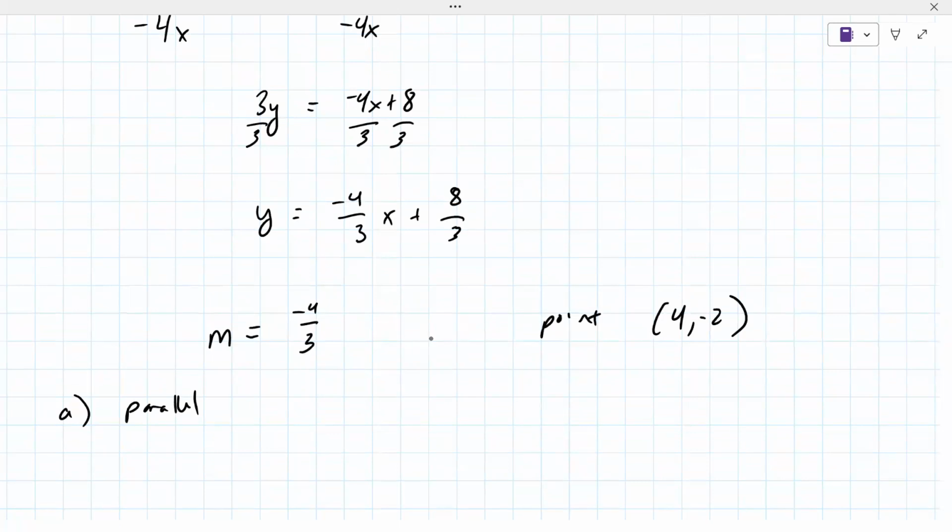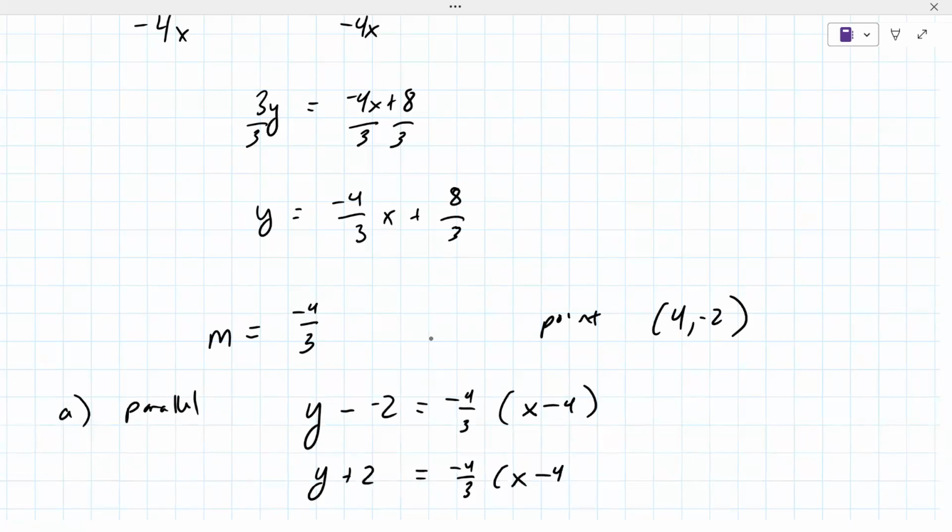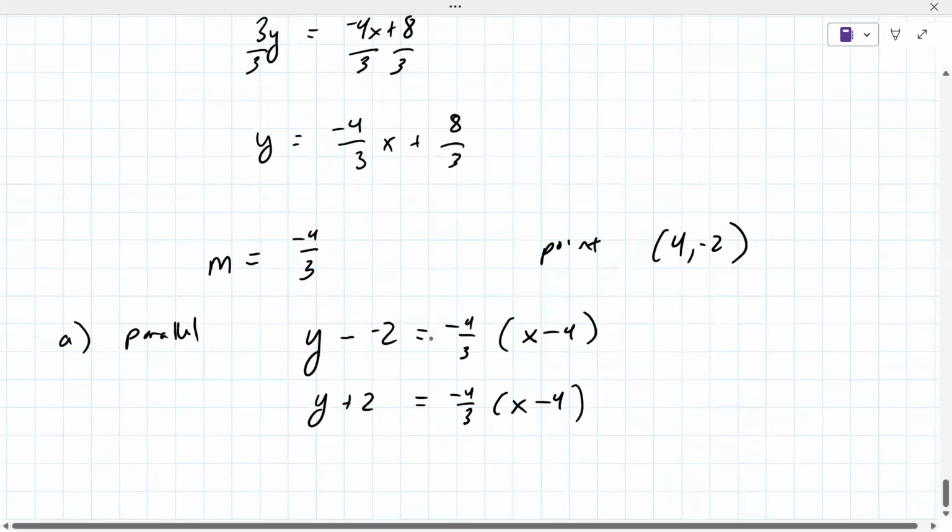Which equation of a line should you use? Point slope. So it's going to look like this. y minus negative 2 equals minus 4/3 times x minus 4. You do simplify the double negatives. So this is your final answer.